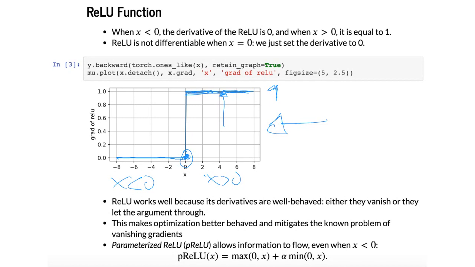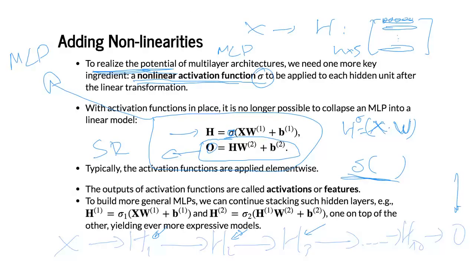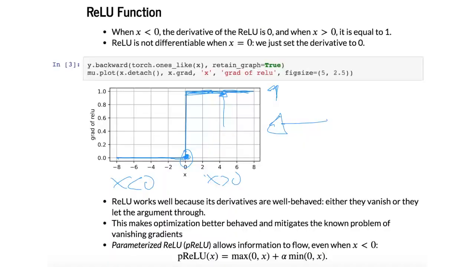Because we are introducing this nonlinear function, this sigma over here, in our formulation, and we don't want this sigma to cause problems when we calculate the gradients. This function doesn't cause any problems because the gradients are all the same and equal to 1.